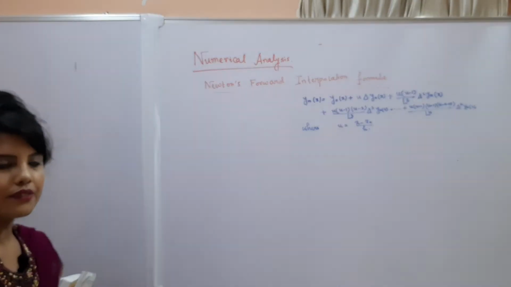Okay, so this is the formula for Newton's forward interpolation method.